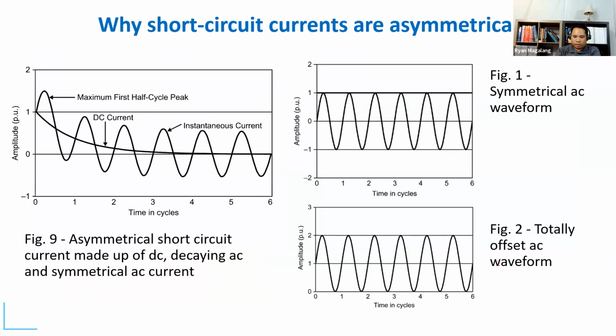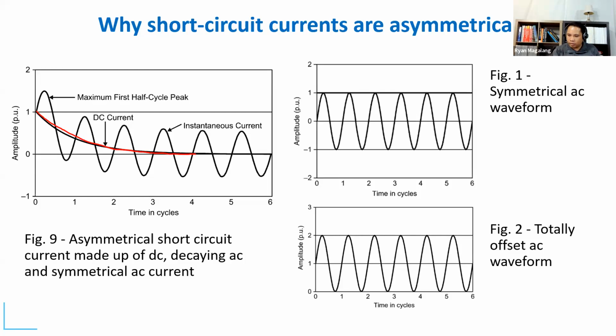So, why are short circuit currents asymmetrical? Again, we mentioned that the DC current is decaying here. You can see now clearly that we have superimposed the DC on top of the AC.